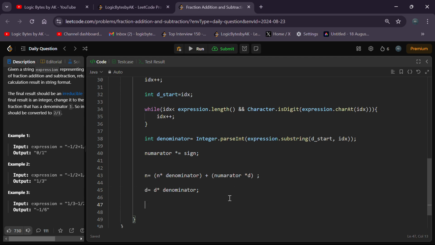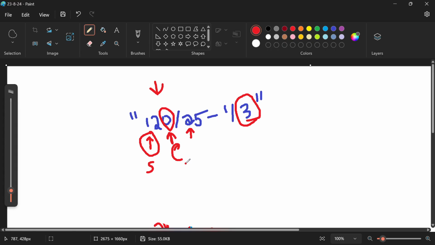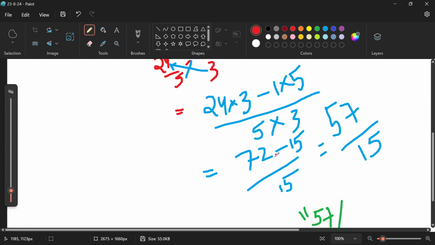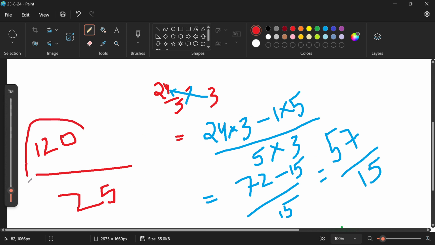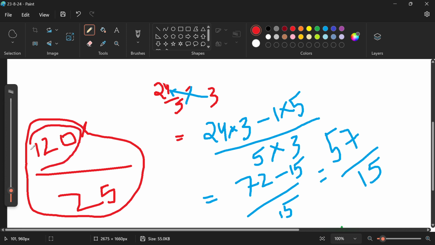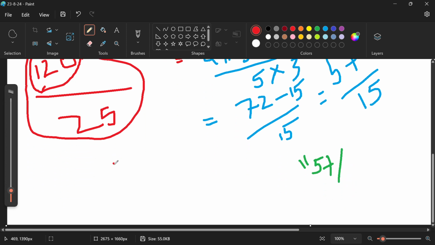and we have our calculated n and d. Let's say we have our result as 120 by 25, and we have to simplify this fraction. How can we simplify? We divide the numerator and denominator by a common divisor, and it should be the greatest, so we find the GCD of the numerator and denominator, and simply divide both numbers by the GCD.